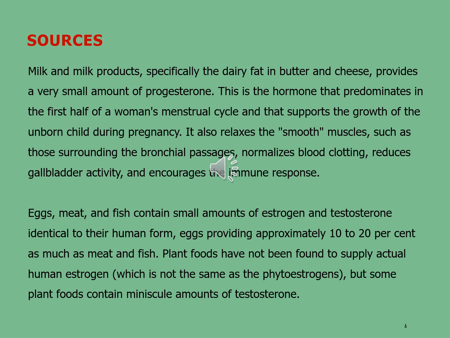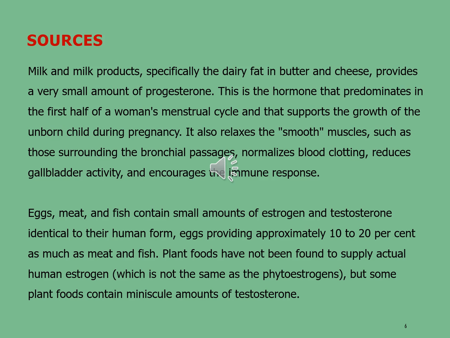Hormones are also isolated from eggs, meat, and fish, which contain small amounts of estrogens and testosterone identical to their human form. Eggs provide approximately 10 to 20% as much as meat and fish.